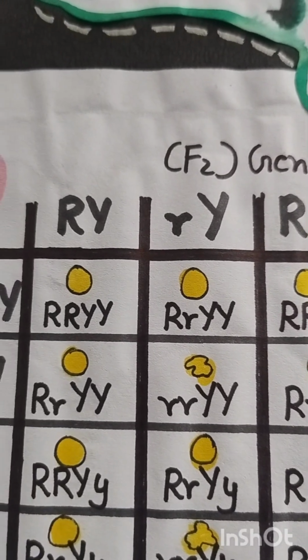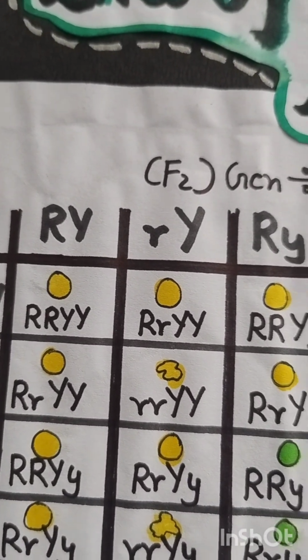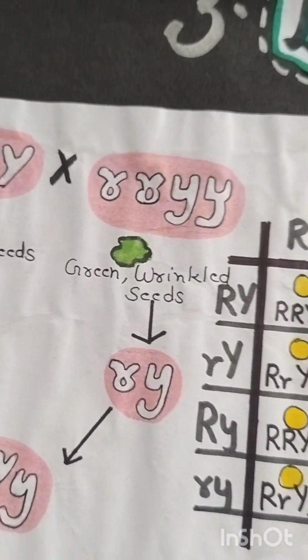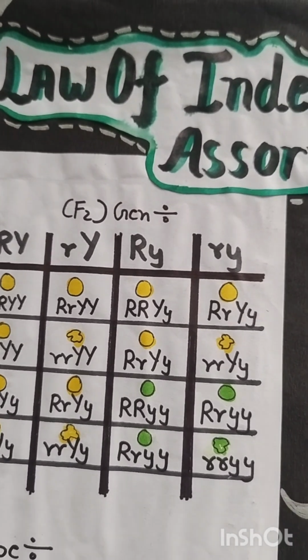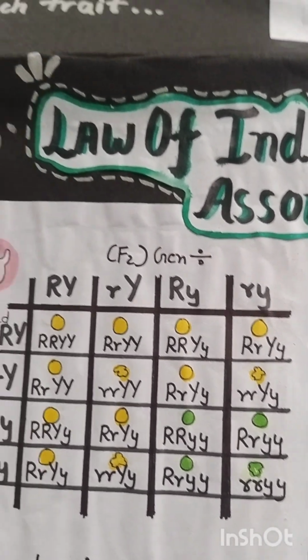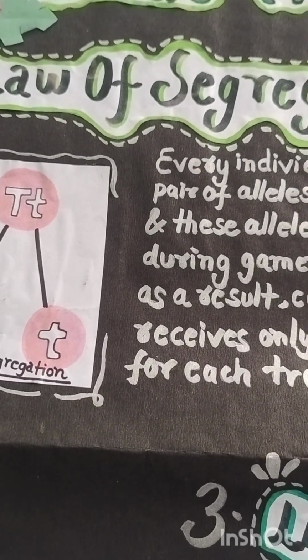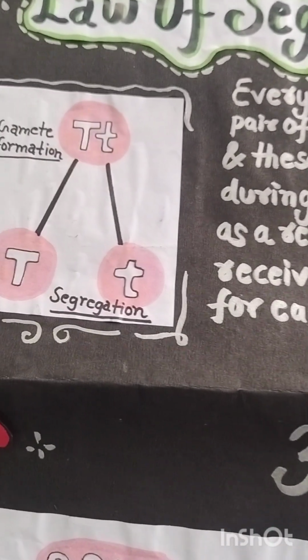So you can see here how beautifully it is designed, and these are representing the different forms. So you are getting the ratio 9:3:1 here. So these are the laws of inheritance. First is the law of segregation, where the alleles for any trait separate during gamete formation.